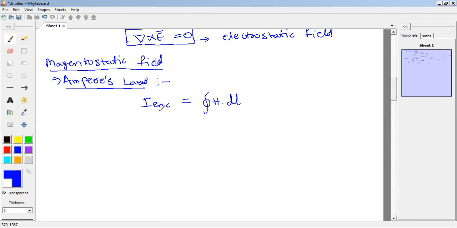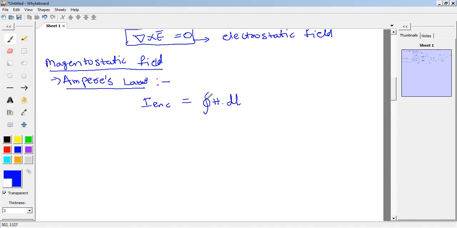Ampere's law states that the closed line integral of magnetic field intensity is equal to I enclosed by the path.